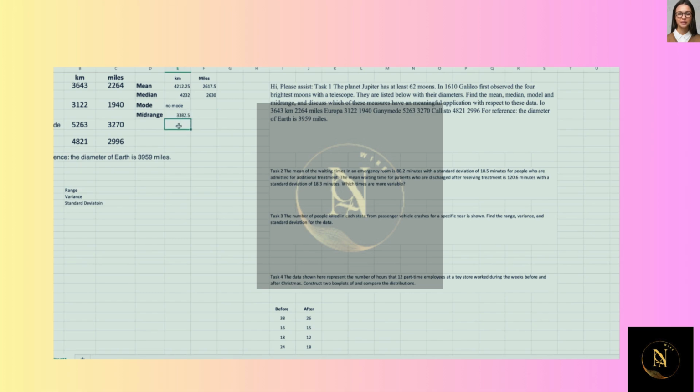And then I'm going to take 5,263 and add that to 4,821, and then divide that by 2. Oop, gotta get rid of that negative symbol. All right, and then I'm going to subtract the two numbers.